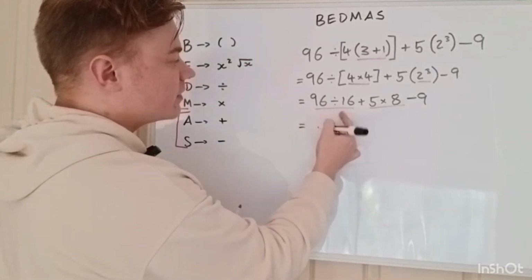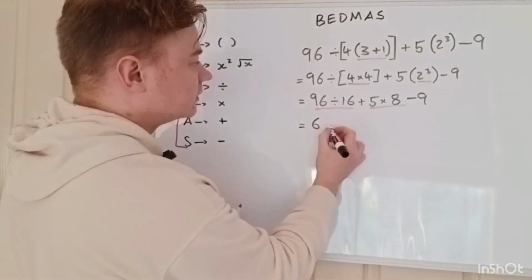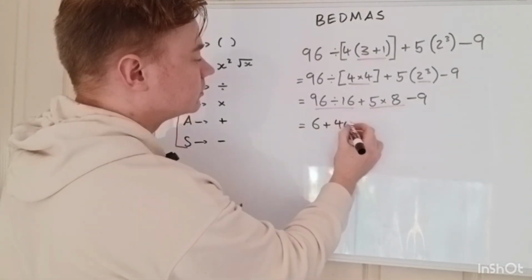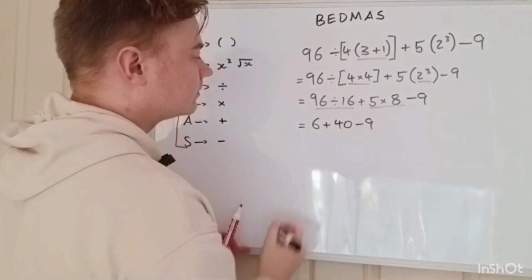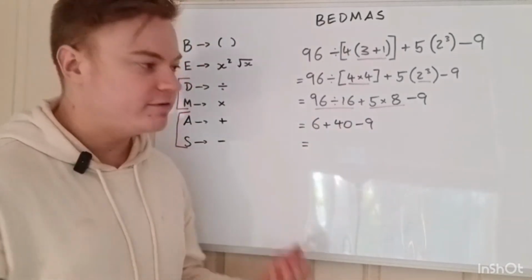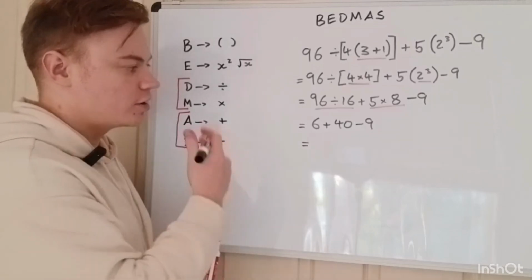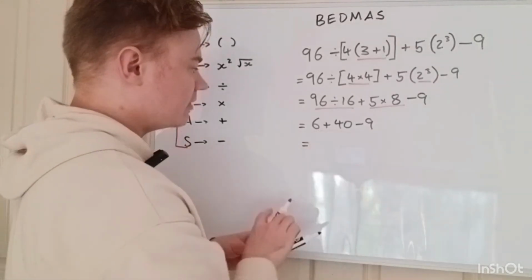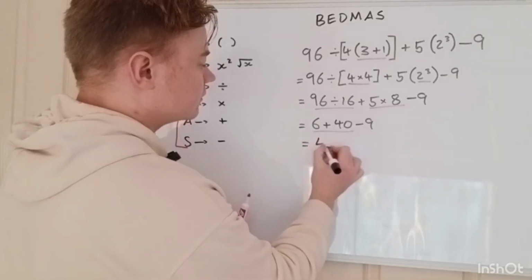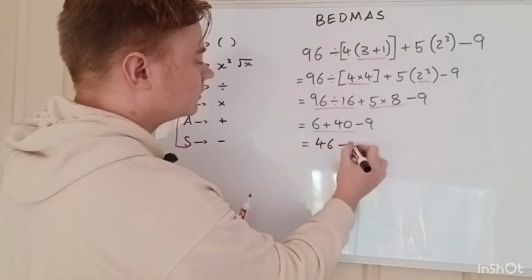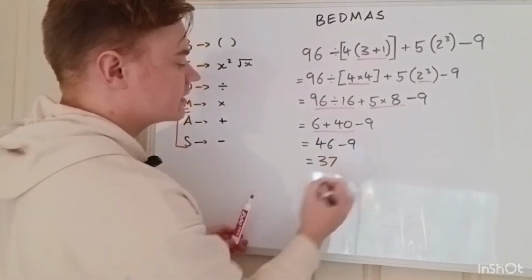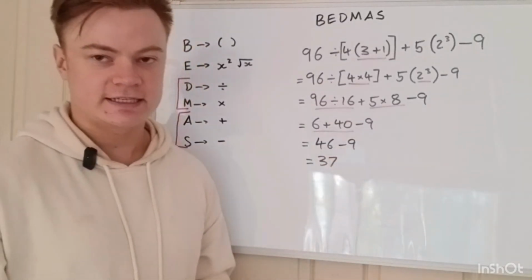So 96 divided by 16 gets us to 6, plus, and then 5 times 8 gets us to 40, minus 9. And so our last step, again, addition and subtraction are tied for priority, so we just go from left to right. So our next step would be 6 plus 40 gets us to 46, minus 9, and then 46 minus 9 gets us to 37. And that's the first example.